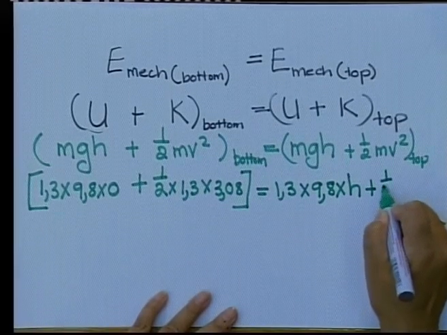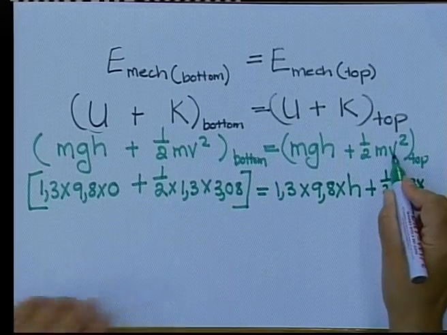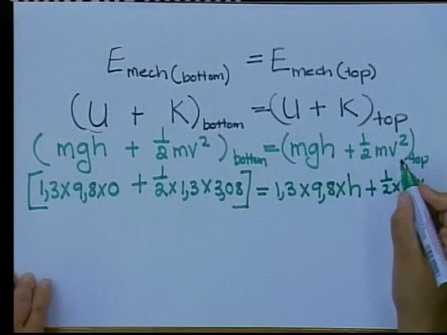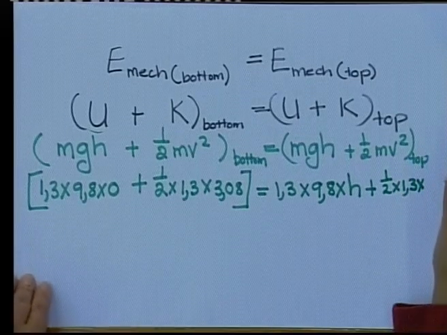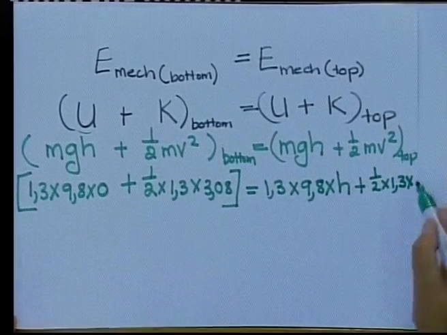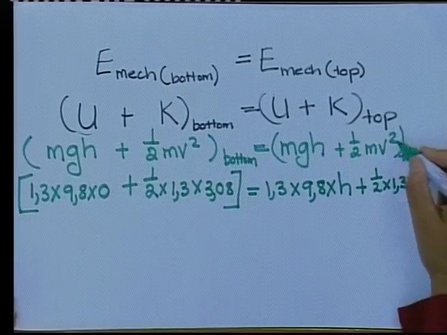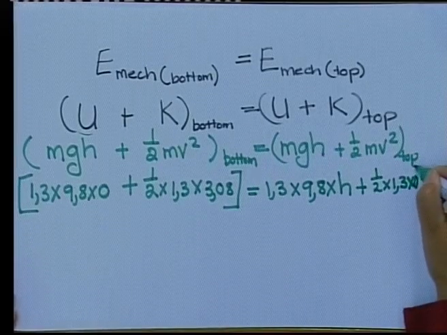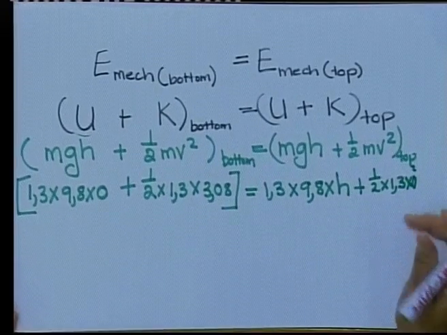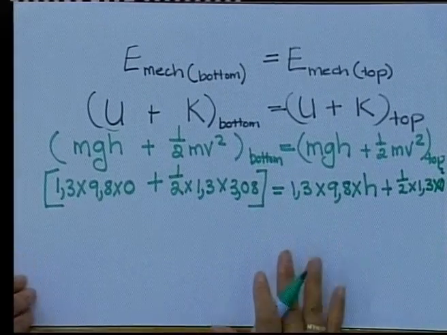Plus a half. Mass is still 1,3. And we know that the velocity at the highest point, it stops at the highest point. Okay, it's stationary, we said. So stationary means it stops at the highest point. And the velocity at the highest point is 0. So it's 0 squared.